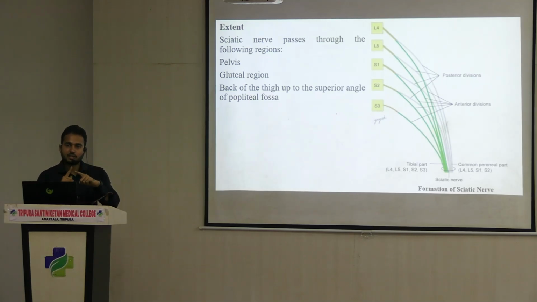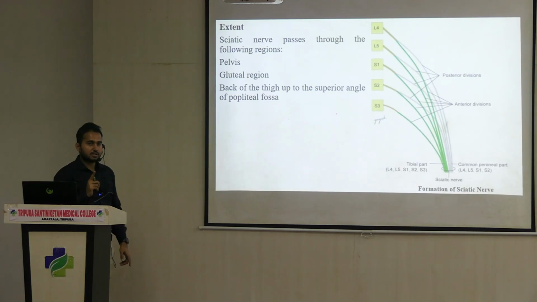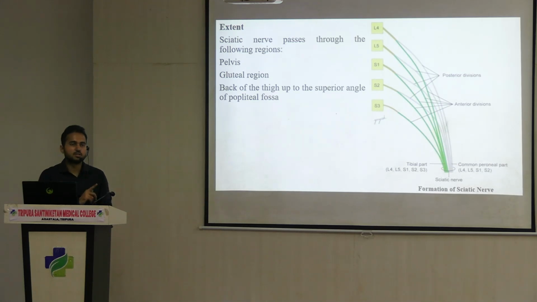First, whenever you are writing the course, you have to mention how it is passing through this particular region. Next, when we mention the relations, at that time also you have to mention what structures are situated around the sciatic nerve in the pelvic region, in the gluteal region, and in the back of the thigh, up to the superior angle of the popliteal fossa. That will complete your answer. Okay.